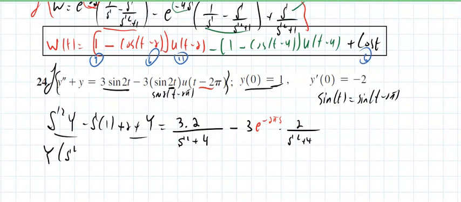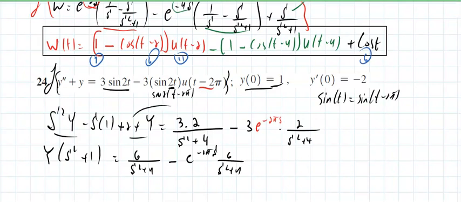I'll have s squared plus 1 equaling, I could take the 3 out of the whole thing, or I could just leave it. That is 6 over s squared plus 4 minus e to the negative 2 pi s, 6 over s squared plus 4, and if I move that 2 to the right and the s to the right, plus s minus 2.